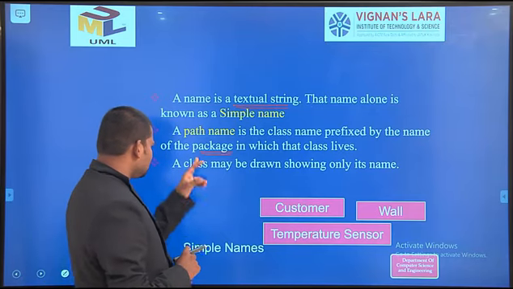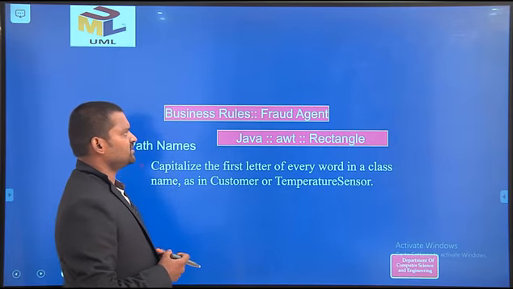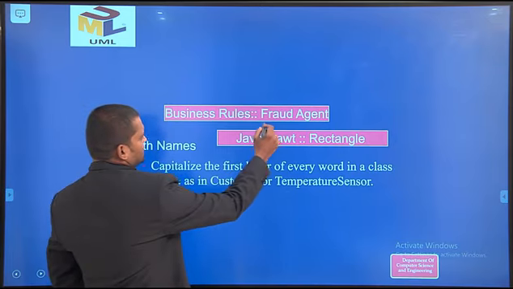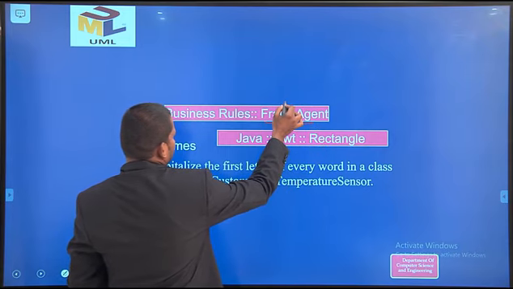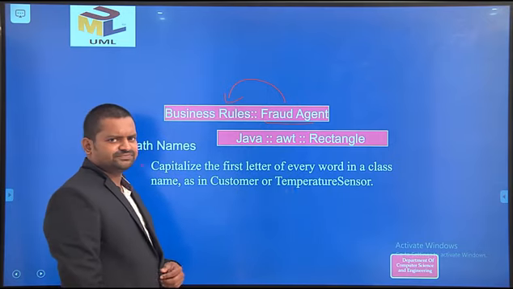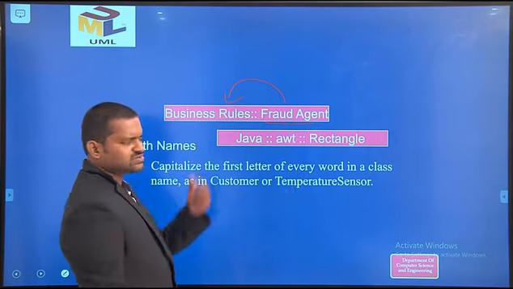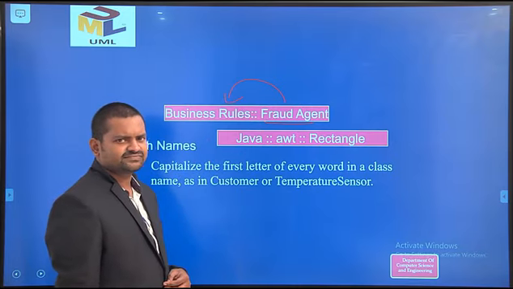See the example of path names. Fraud agent is one class. It is available in a particular package: business rules is one package, and the fraud agent class is available there.